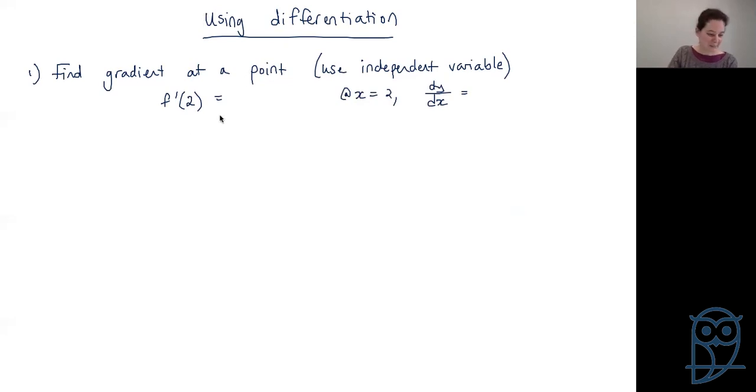Okay, what else do we do? We could work this backwards. We could say, given the gradient is 5, where does that happen? Okay, so you could find a point or multiples with a particular value.